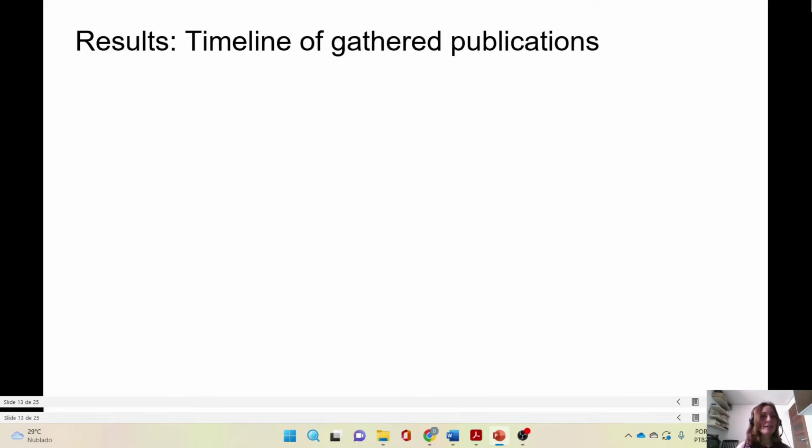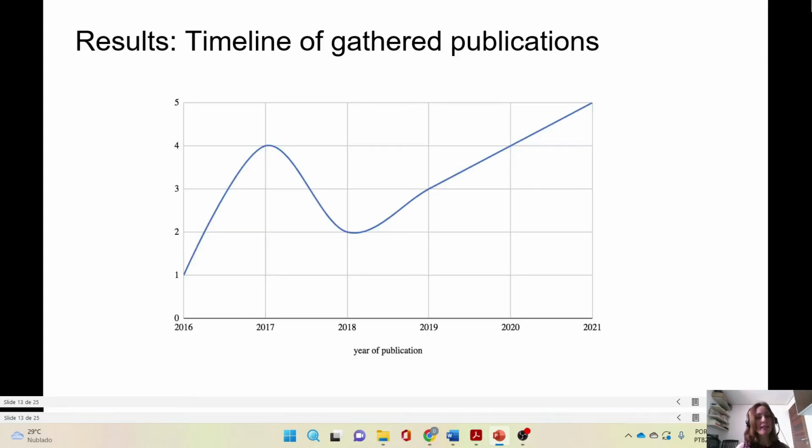These 19 gathered publications are provided in this timeline, so we can have a look at the dates they have been published, and we can observe that most of them have been published recently, after 2019.